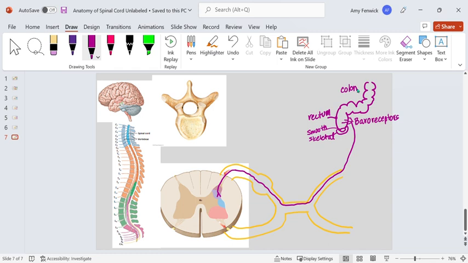All right, let's make this complicated. So, this information actually synapses with three things. This information synapses with your skeletal muscle. It also synapses with your smooth muscle.